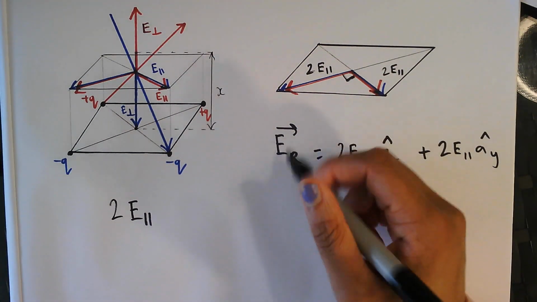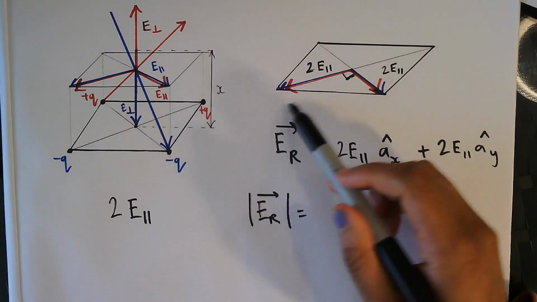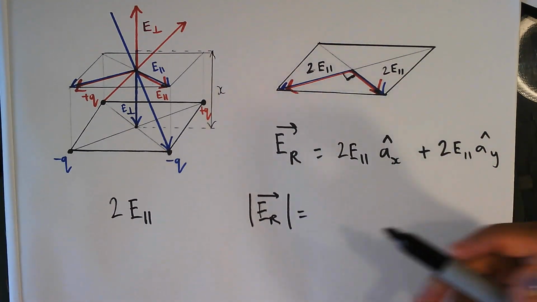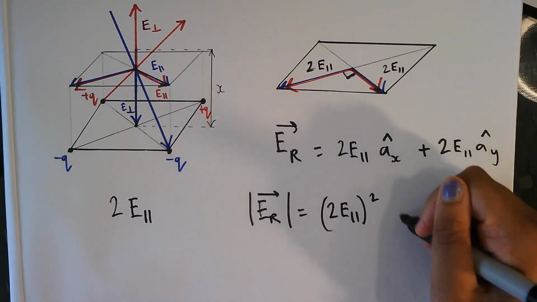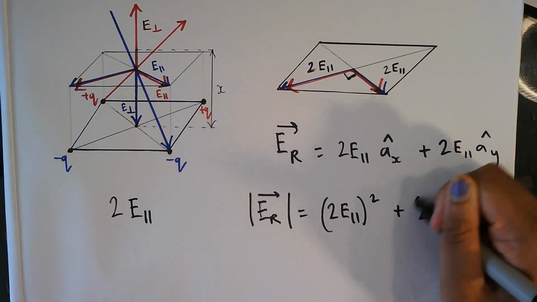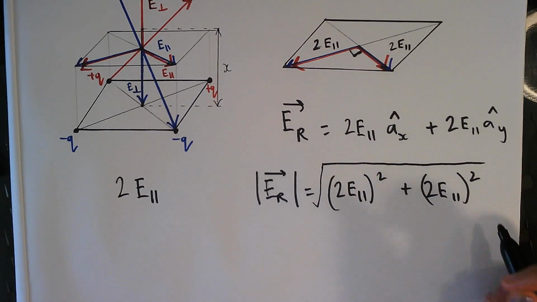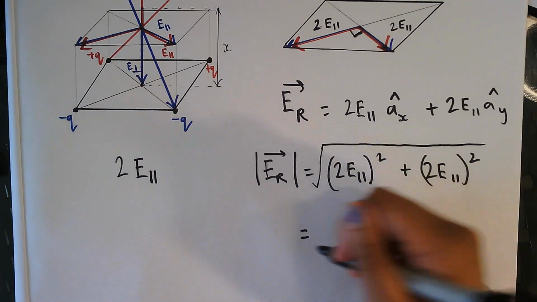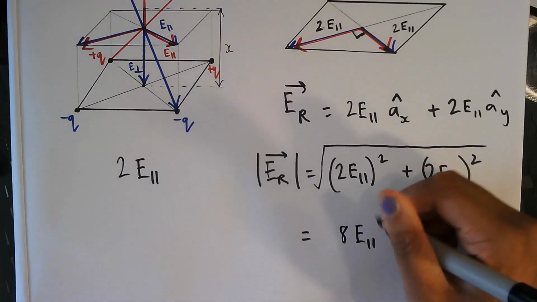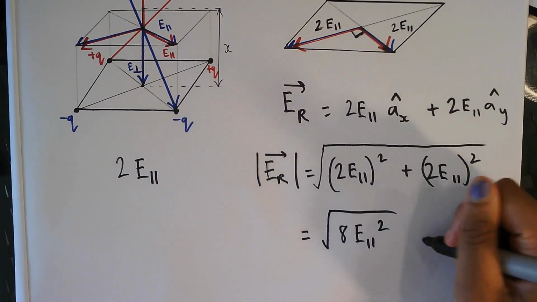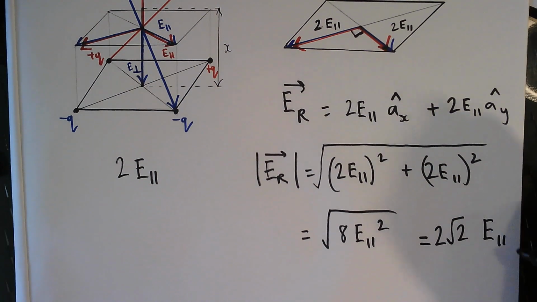So the magnitude of this electric field, because it's a right angle triangle, would just be equal to the square root of (2E parallel) squared plus (2E parallel) squared, because of Pythagoras' theorem, and so that is just equal to the square root of 8E parallel squared, which is equal to 2 root 2 E parallel.